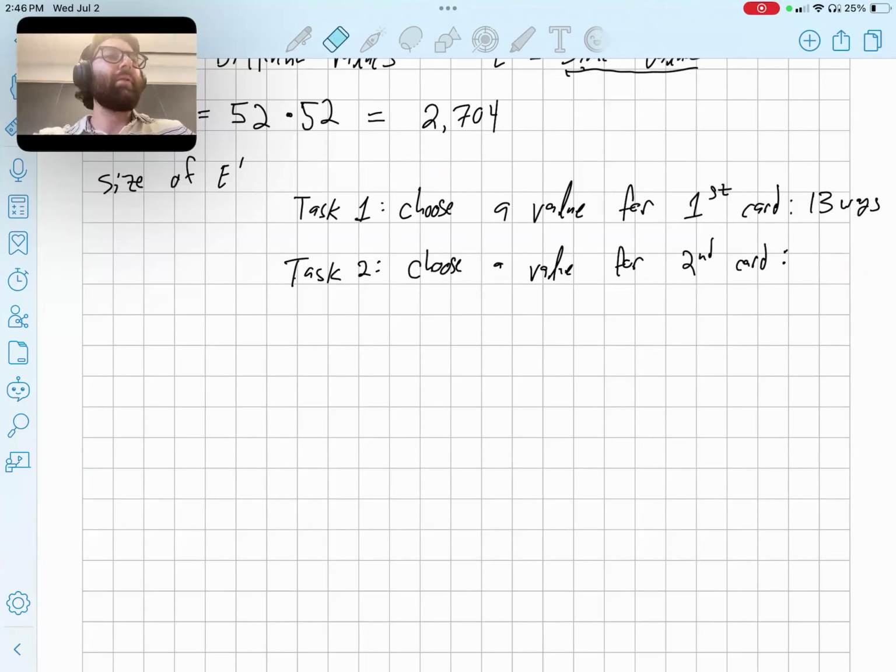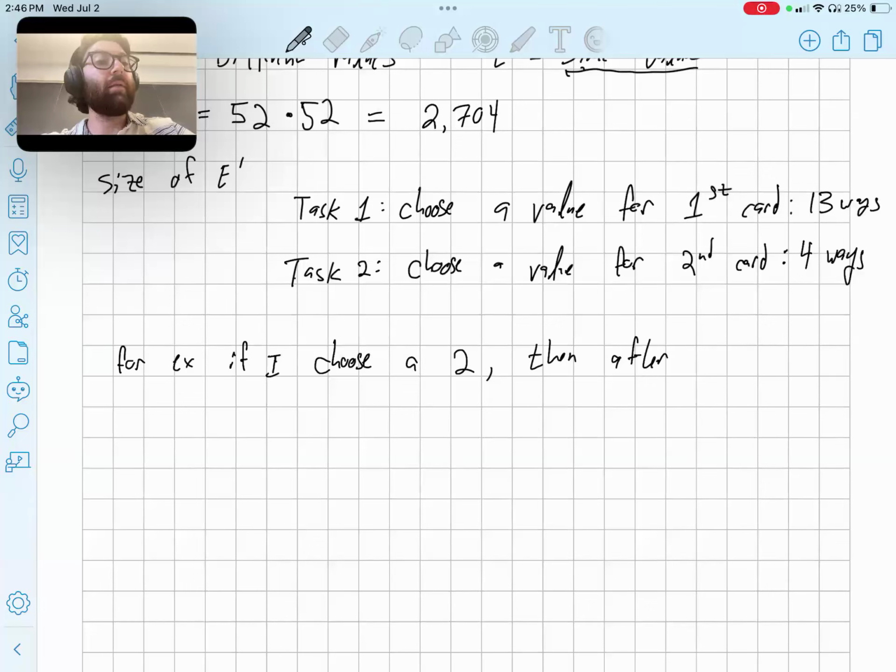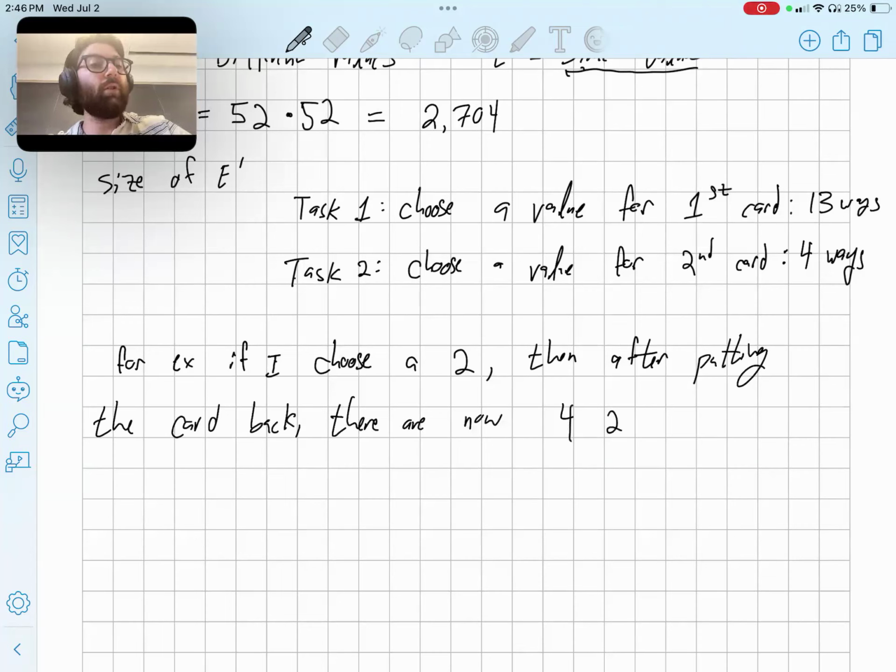I've chosen a value for my first card. There's 13 ways to do that. There are 13 values, and each of them are possible. Once I've picked that value, though, I put that card back. And if I want the same value, there's actually 4 ways. Because, for example, if I choose a 2, then after putting the card back, there are now 4 2s in the deck.